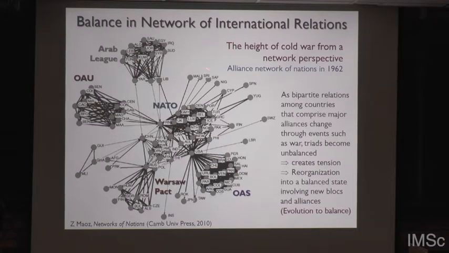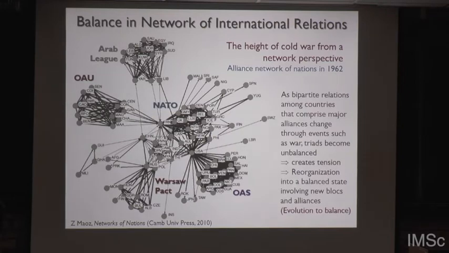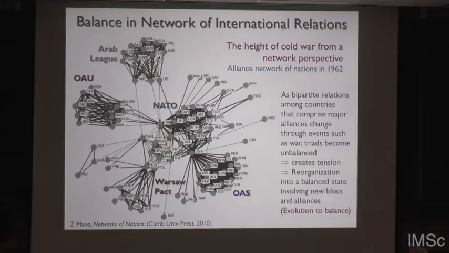Now, what is of interest is that these groupings essentially arise in an almost self-organized fashion if you take into account the kind of relationships that these nations have among them in terms of treaties that they have signed with each other. So, essentially the network links correspond to treaties that countries have signed with each other.